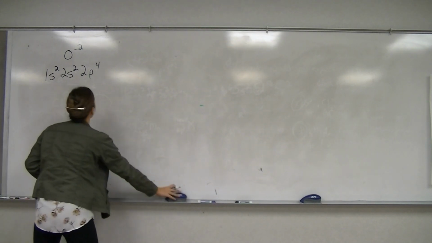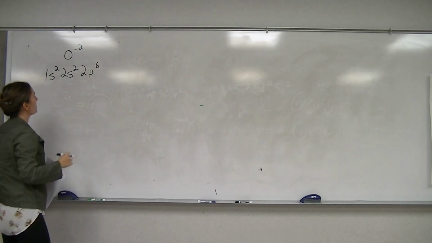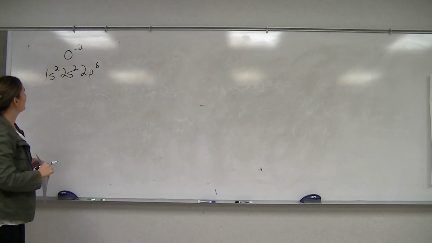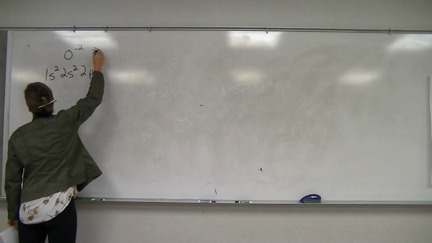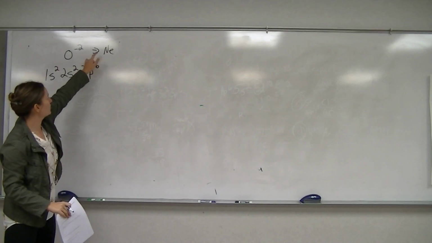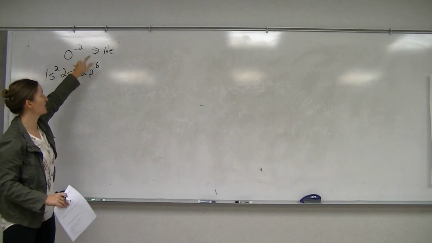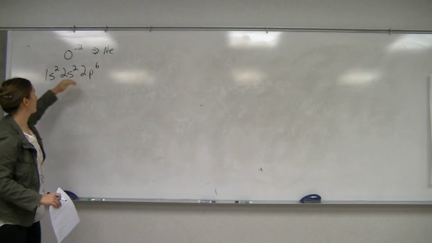What that means is it's going to be 2p6, because O2 minus is isoelectronic with neon. Since they're isoelectronic with each other, O2 minus has the same electron configuration as neon. So that's what I wrote here.